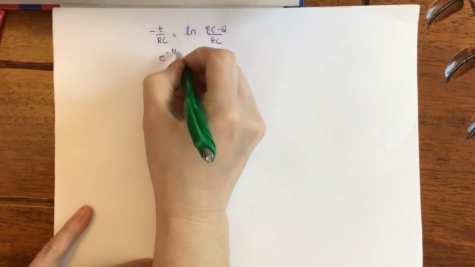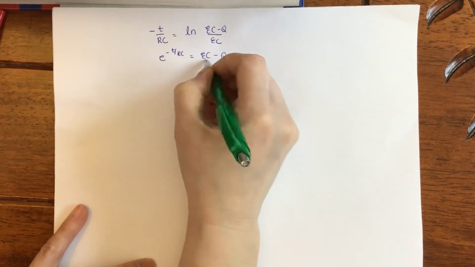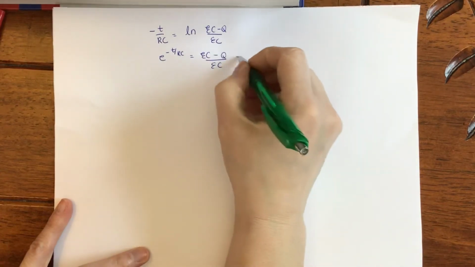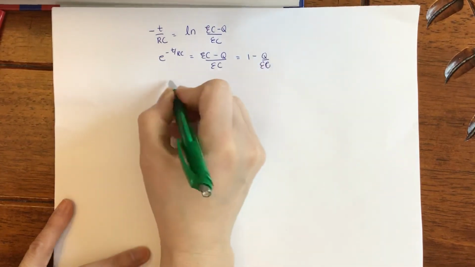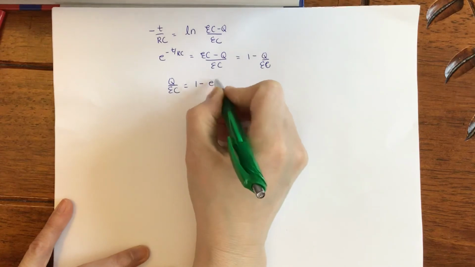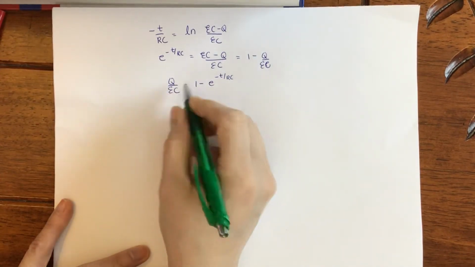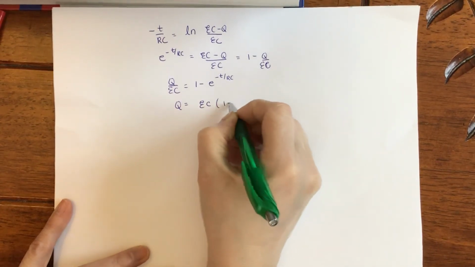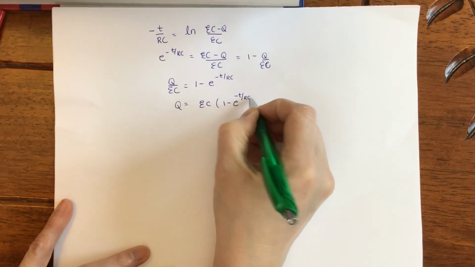E to the minus t over RC equals epsilon C minus q divided by epsilon C. Now we want to solve for q, so this is equal to 1 minus q over epsilon C. So q over epsilon C equals 1 minus e to the minus t over RC. So we'll multiply both sides by epsilon C. Q equals epsilon C times 1 minus e to the minus t over RC.